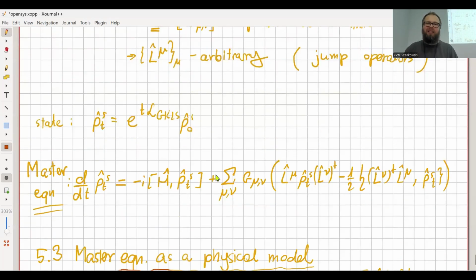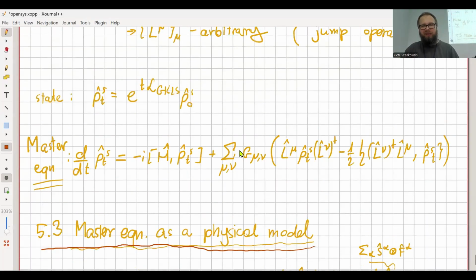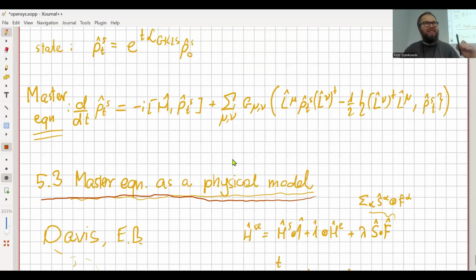But today, what we want to focus on is a question: mathematically speaking, the master equation or GKLS map is physically valid, but is it actually a good model of physical systems?